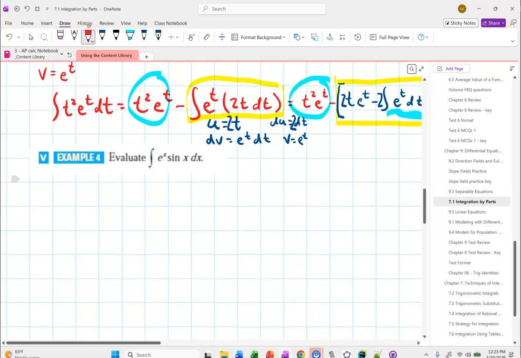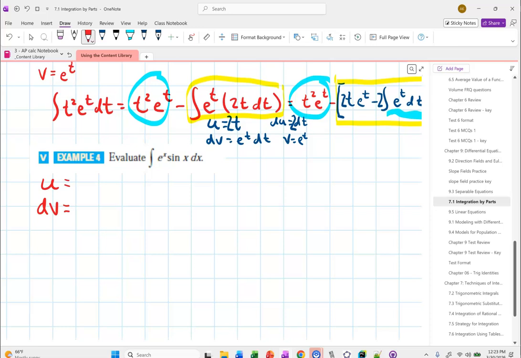Here we have e to the x times sine x. Do either of those get simpler when we differentiate? No, right? Okay. Is one of them easier to integrate than the other?